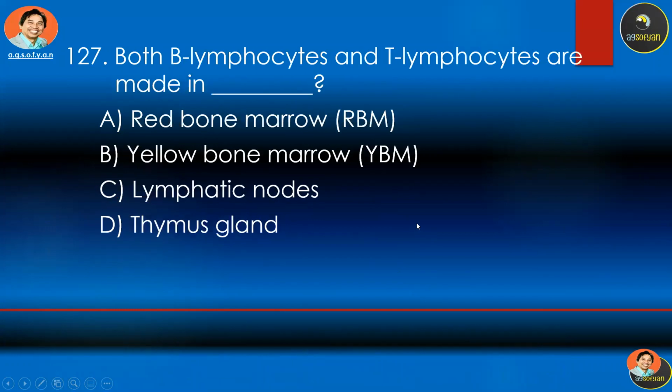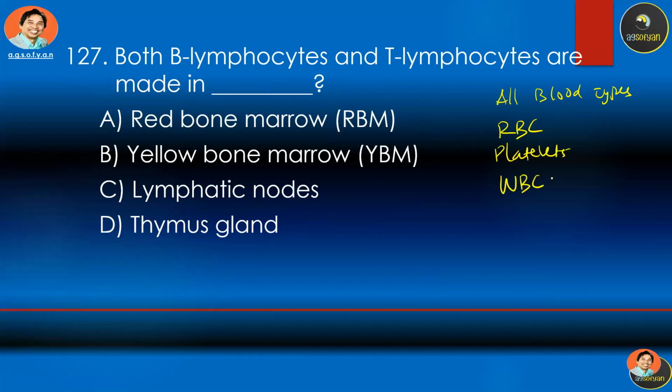Both B lymphocytes and T lymphocytes are made in A, B, C, or D. Okay, remember the place for making all blood types, which is red blood cells, platelets, and white blood cells.